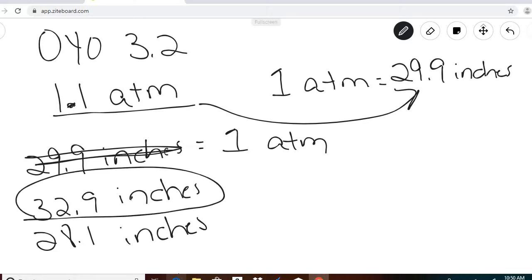And the reason 28.1 is not correct is that it would equal less than 1 atmosphere, because if 1 atmosphere is 29.9, then obviously 28.1 inches is going to be less than 1 atmosphere. So the answer there is 32.9 inches.